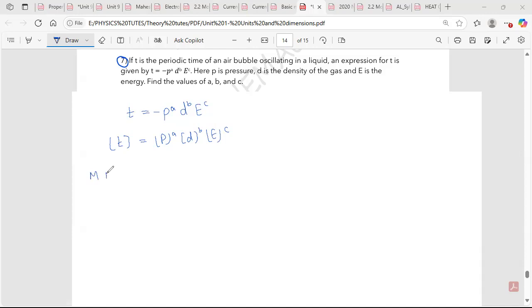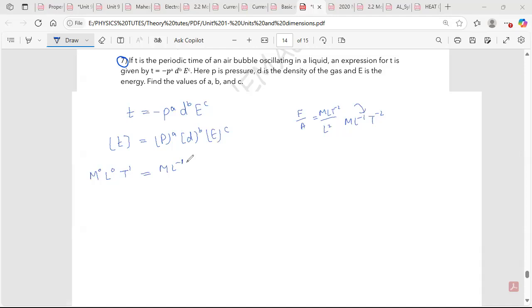So M and L will be 0. T is 1. That is equal to P, pressure. Pressure is what? It's force over area, no? We even found it out previously as M L to the power minus 1 T to the power minus 2. Or you can take it from here, M L T minus 2 over L squared. So you get the same thing.